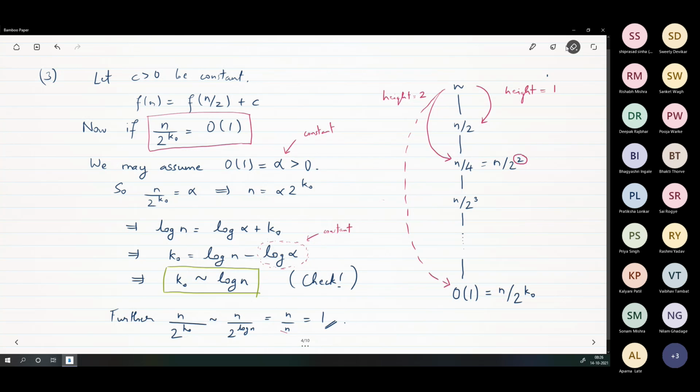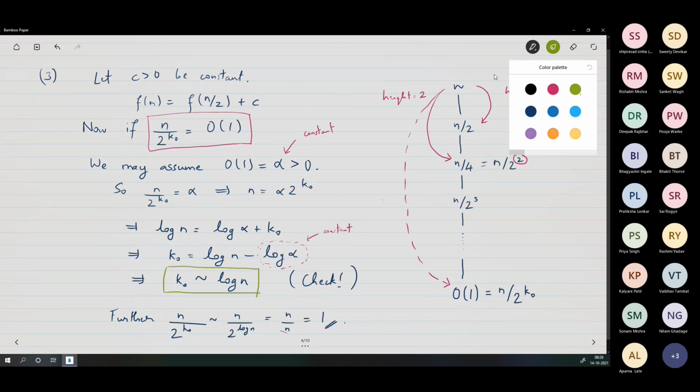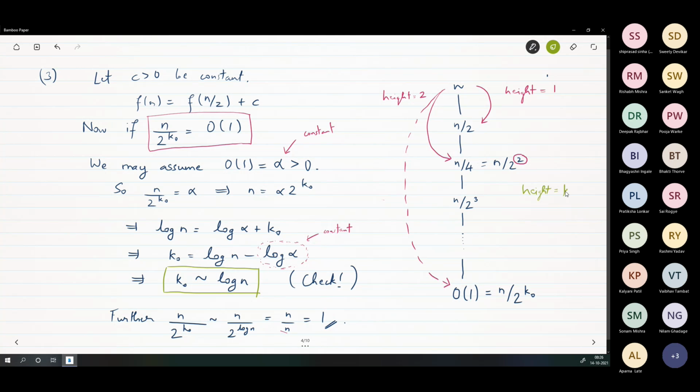This is the important thing. So here the height is k naught and it is equal to log, let me write it very carefully, log to the base 2 of n.